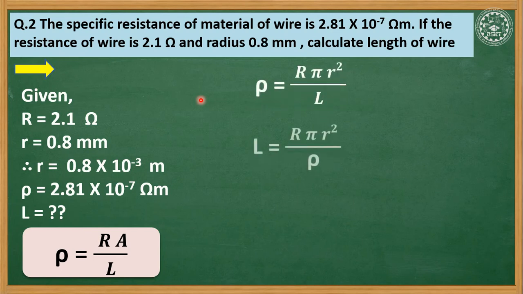Then L is equal to R pi R square upon rho. We have put pi R square in place of cross sectional area A because we know the radius.